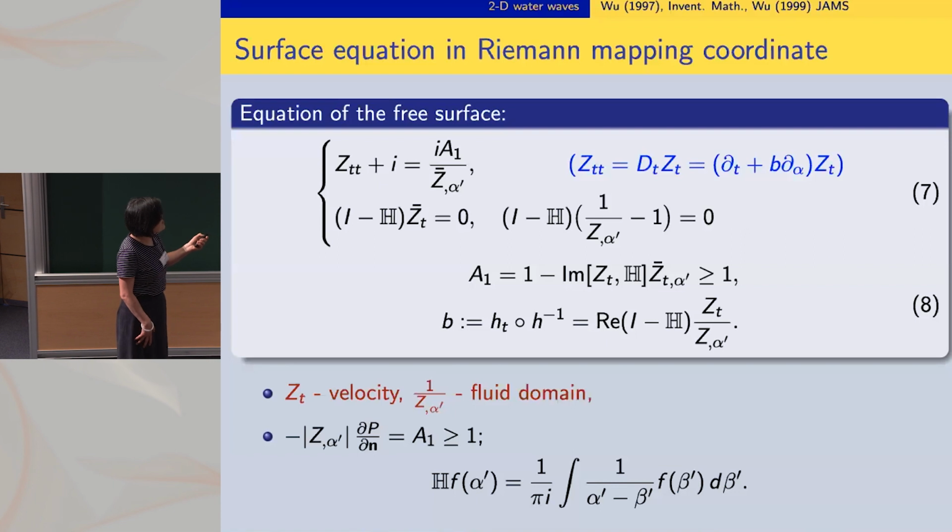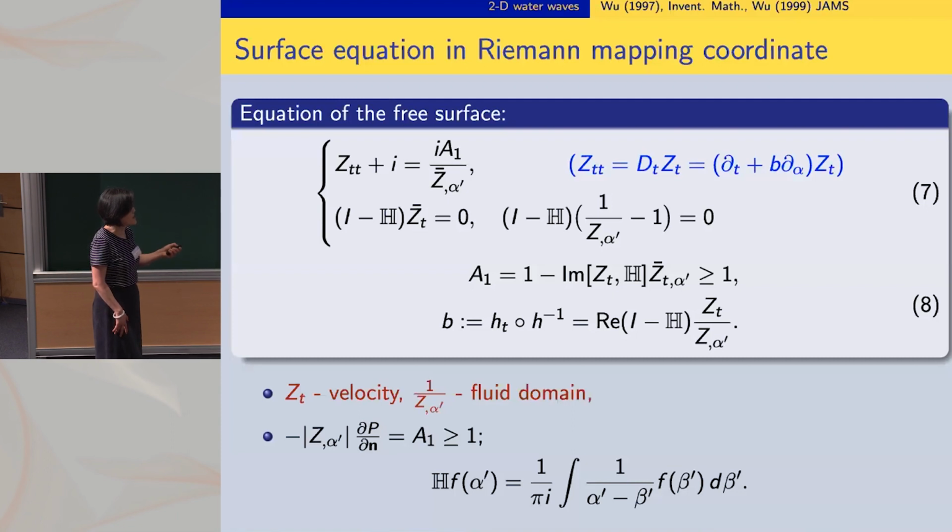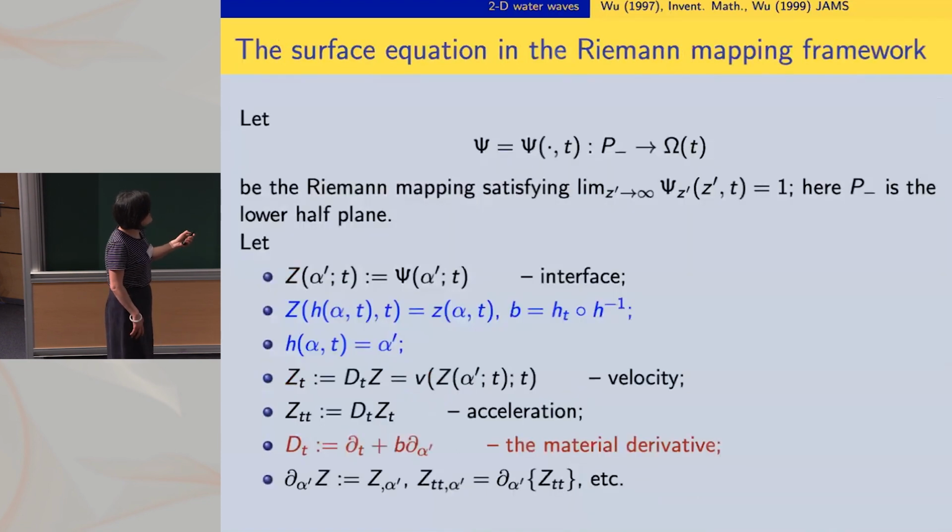Okay, so this is like this, and then Z_t bar is holomorphic means that I minus the Hilbert transform, this is a flat Hilbert transform here. So the advantage of using the Riemann mapping is that now the Hilbert transform is really explicit like this, right? So it's very simple. So (I minus H) of Z_t bar equals 0, and also 1 over z alpha. So 1 over z alpha is really z. Remember, z alpha is the boundary value of the Riemann mapping, right? So you take the derivative in alpha means that it's really the Riemann mapping, you take the derivative in z, Phi_z.